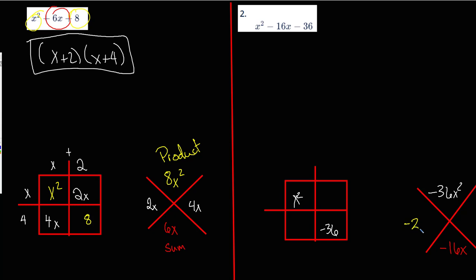So negative 2x and positive 18x would give me a sum of a positive 16x. That's not what I want. What I need to do is have my larger one be the negative, and my smaller one be the positive.